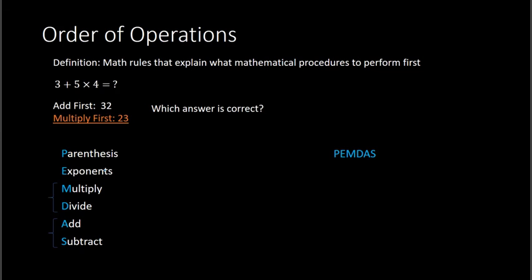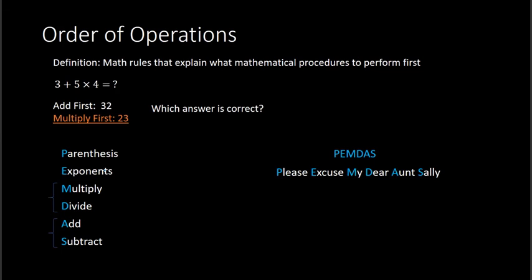If we do that, we get this very commonly heard phrase: please excuse my dear Aunt Sally. The P for please comes from the P for parentheses, the E for excuse comes from the E for exponents, and so on. Whatever you want to do to remember the order of operations, it doesn't matter as long as you remember which ones to do first.